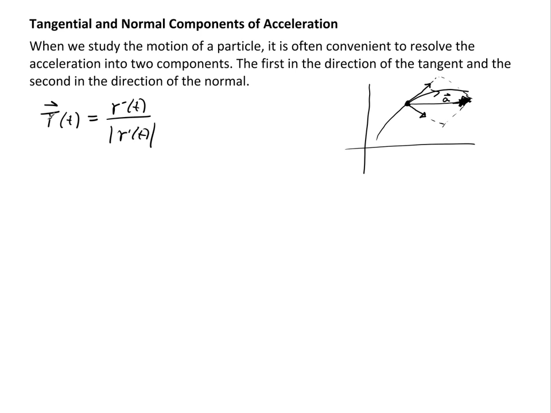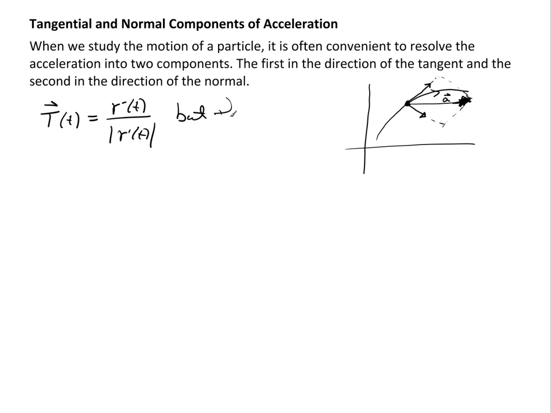But because this is a unit vector, I'm simply going to divide it by the magnitude of the first derivative of the position vector. When I divide any non-zero vector by its magnitude, I get a unit vector. So this should make sense as a quick review that this really would be a unit vector, specifically the unit tangent vector.